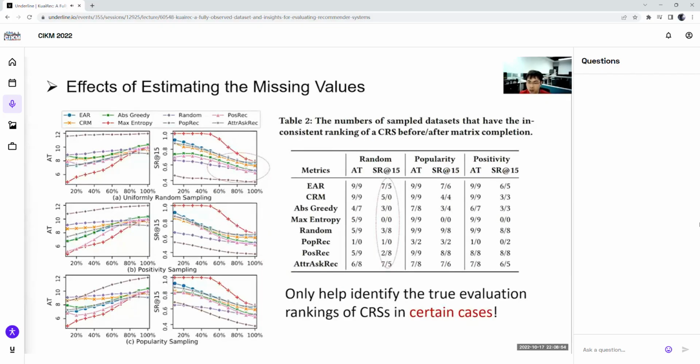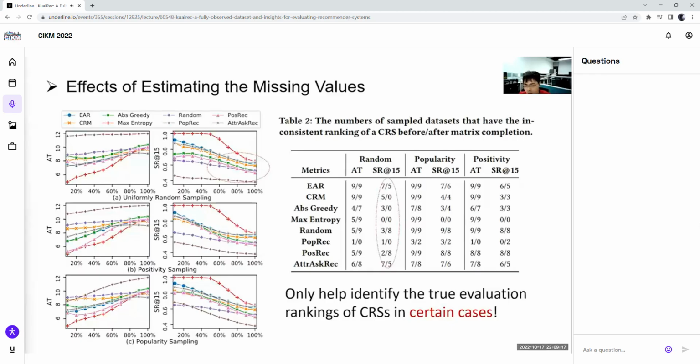Based on these results, we further evaluate 4 compared CRS models on each partially observed dataset after estimating the missing values. The left figure shows the results. Generally, after estimating the missing data, the number of inconsistent rankings on the uniformly random sampled data becomes smaller.